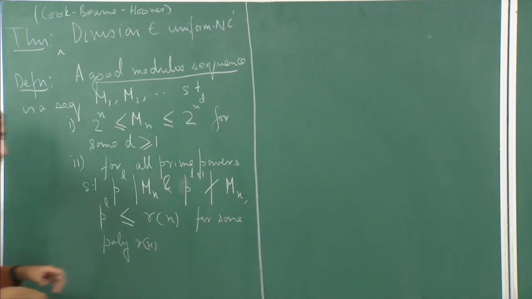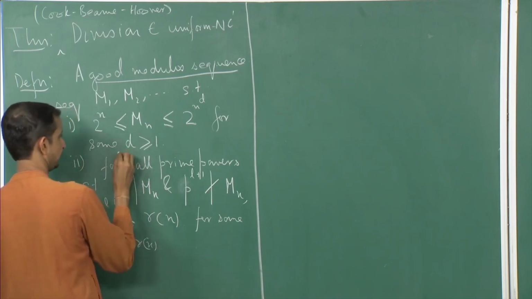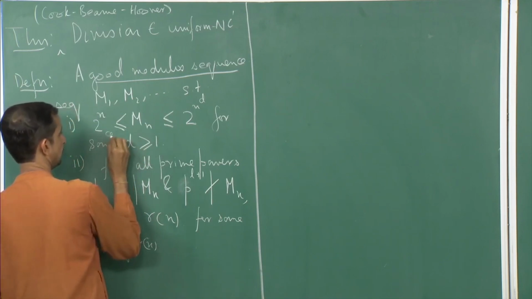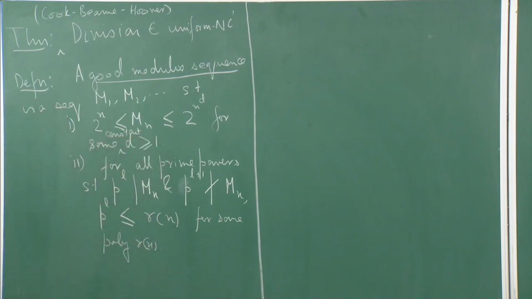One thing, d is a constant, it does not depend on n, it can be any constant. Let me write it over here, some constant d greater than or equal to 1.